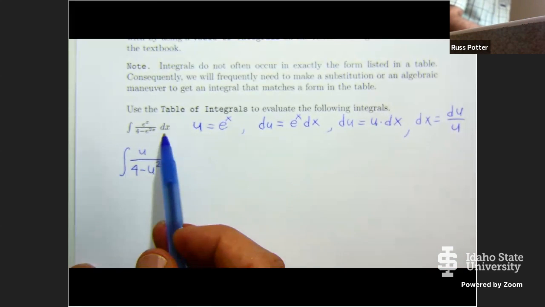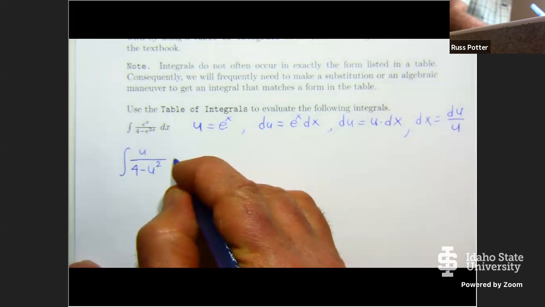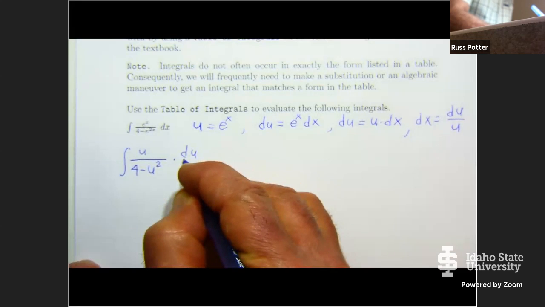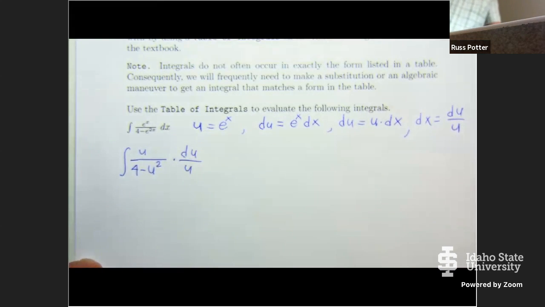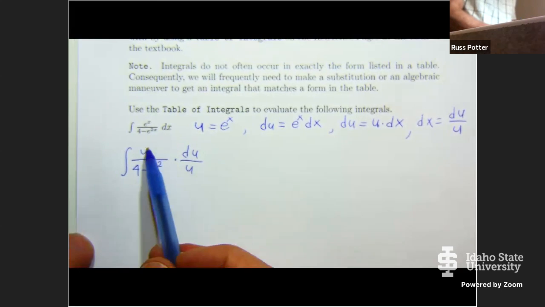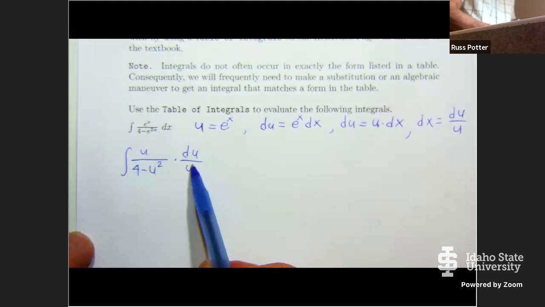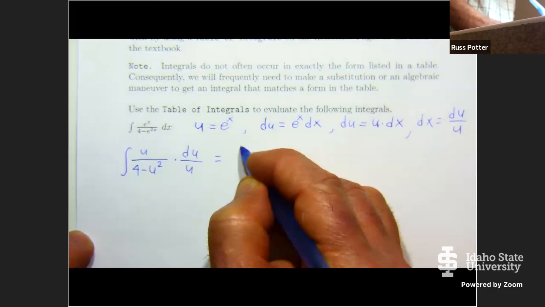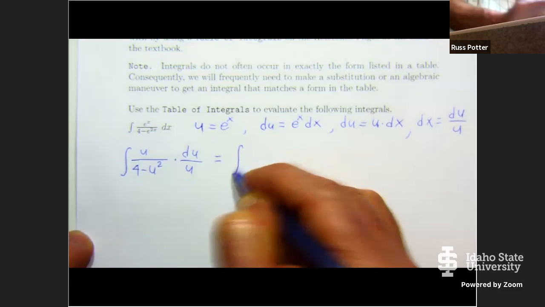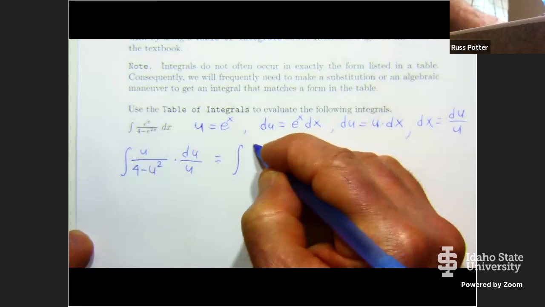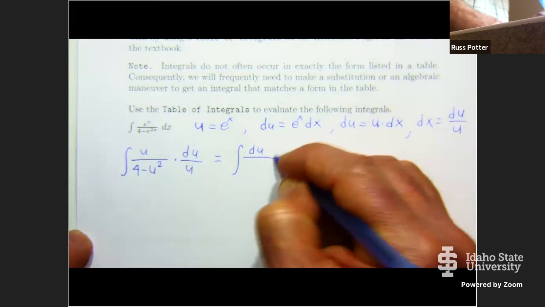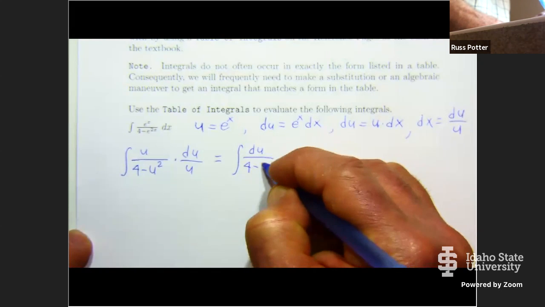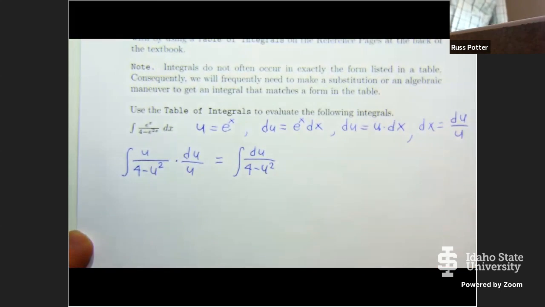And then we write what dx is: du divided by u. We can simplify this integrand. In the numerator, we have a factor of u, and also in the denominator, so they cancel each other out, and we get the indefinite integral of du over 4 minus u squared.